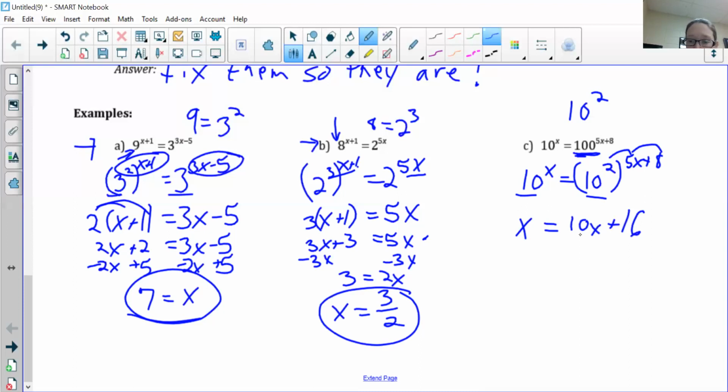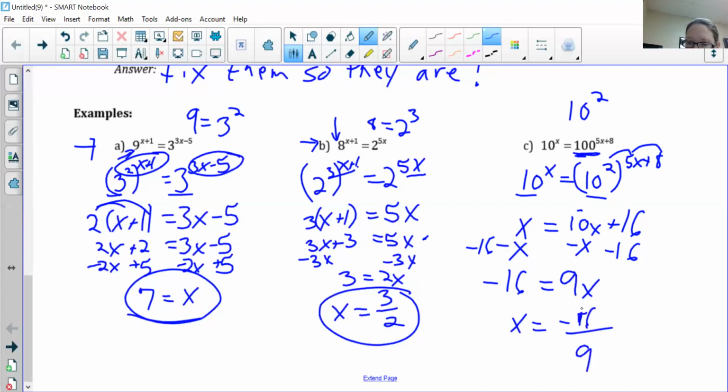All right, big x's are on the right, so let's subtract this x. Go ahead and subtract the 16 from both sides. Negative 16 is equal to 9x. So then x is equal to negative 16 over 9.